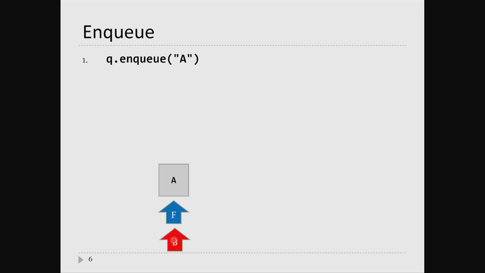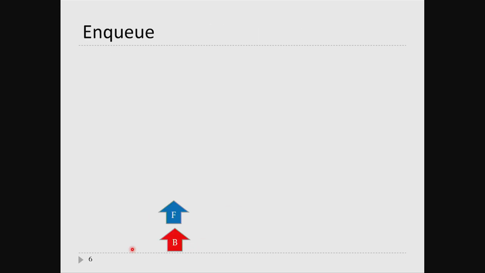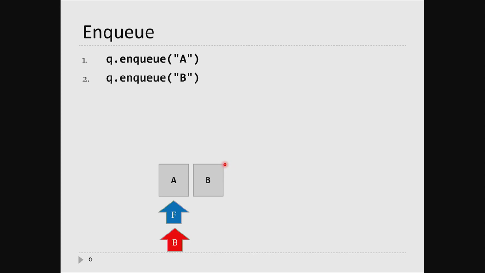That's not exactly true. This picture should really have the B over here, but I'll leave it like this for now. There's only one element in the queue, so front and back both point to the same element. If you enqueue another element, it enters at the back of the queue, but then B moves so that it points to the element at the back.